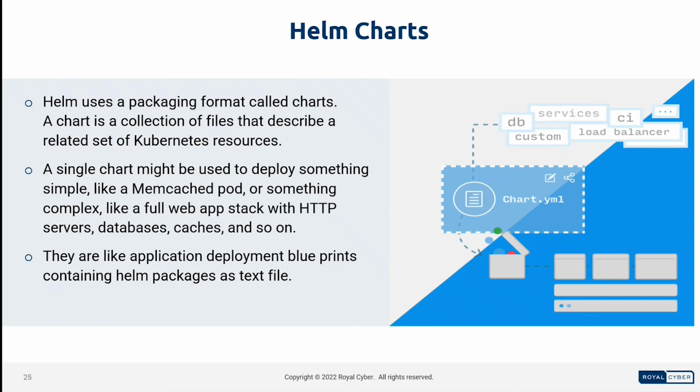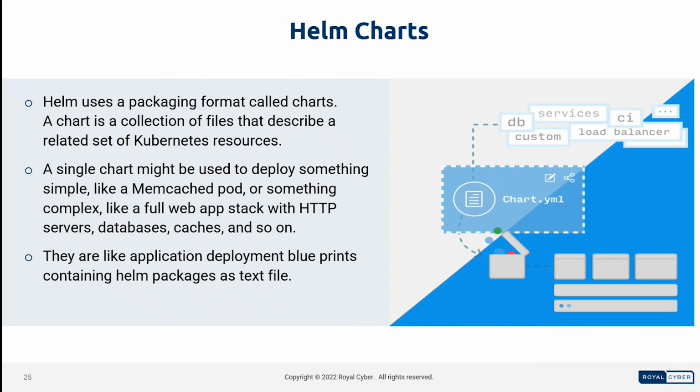Now we have Helm charts. By using the OpenShift features and Helm charts based technology, we make HCL Commerce V9 deployment simple and fast. Helm uses a packaging format called charts. A chart is a collection of files that describe a related set of Kubernetes resources.